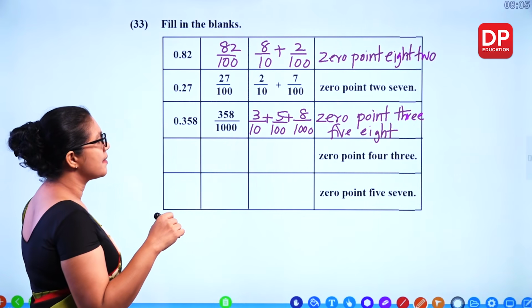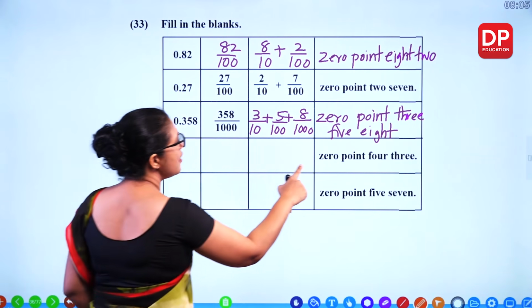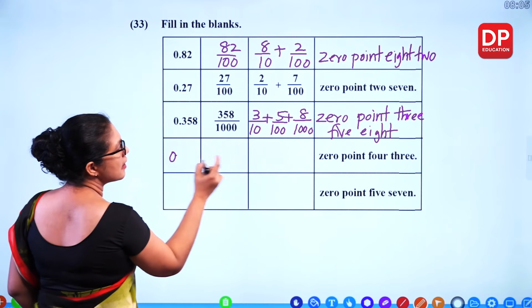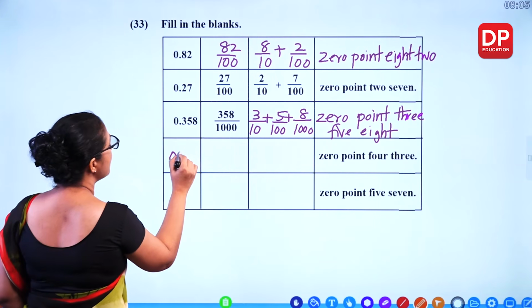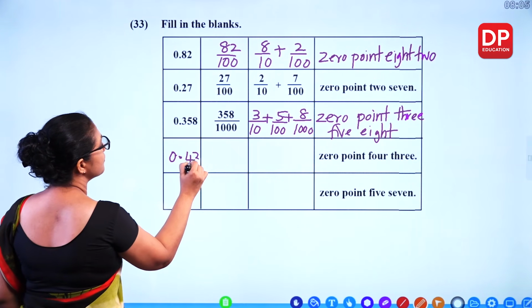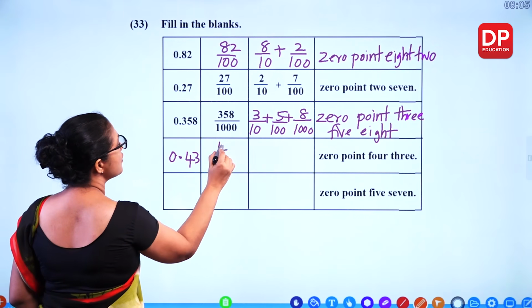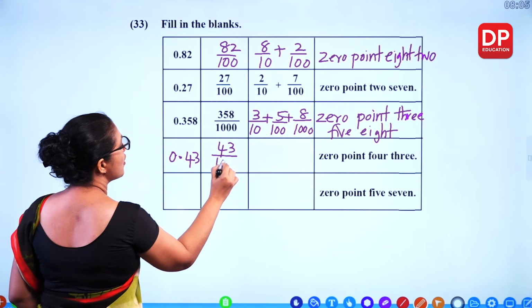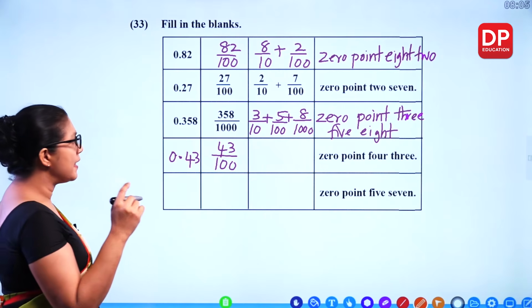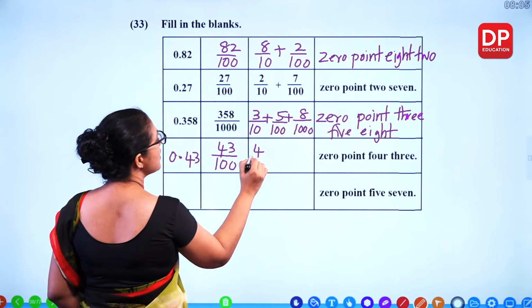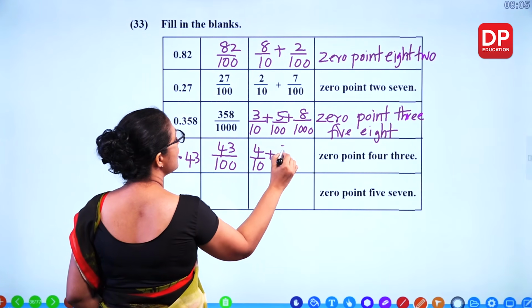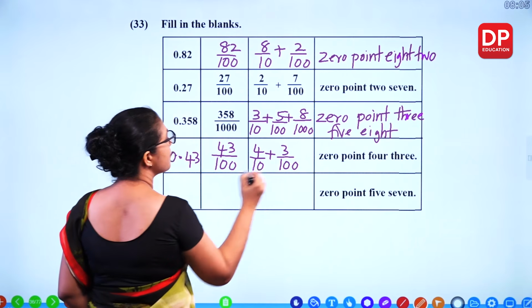Third decimal place. This one, 0.43. So how can I write 43 over 100? 43 over 100 I can split as 4 over 10 and 3 over 100.